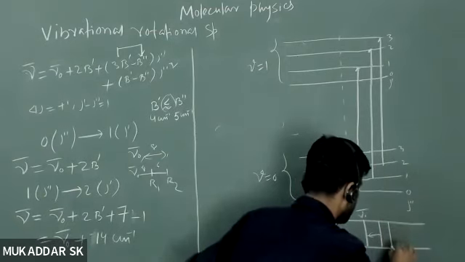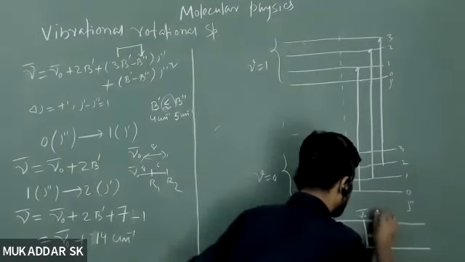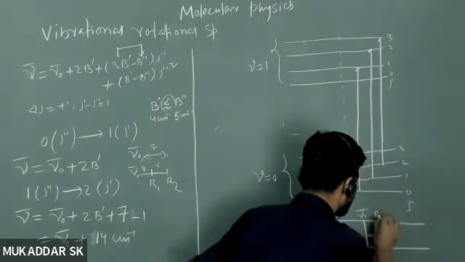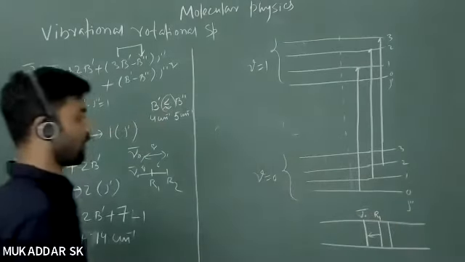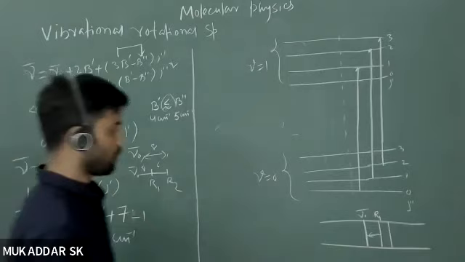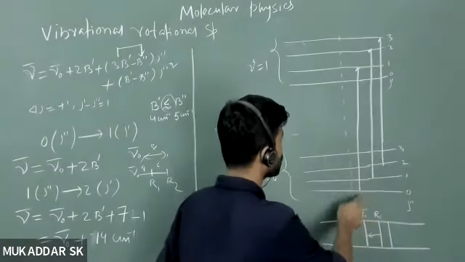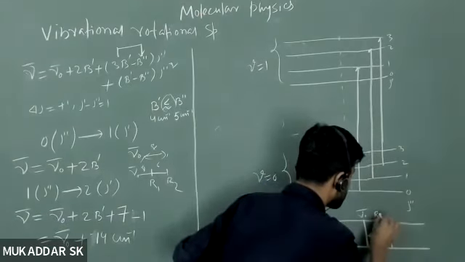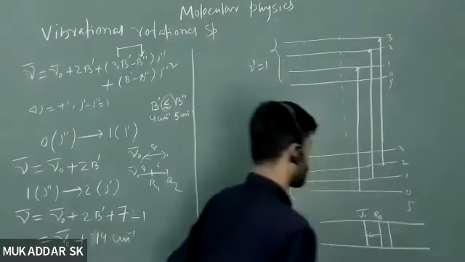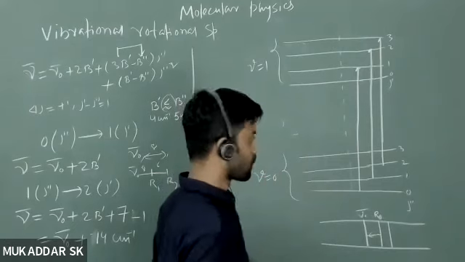For delta J plus 1, it is known as the R branch. Actually this is not R1, because it is happening from 0 to 1, so it will be R0, okay.